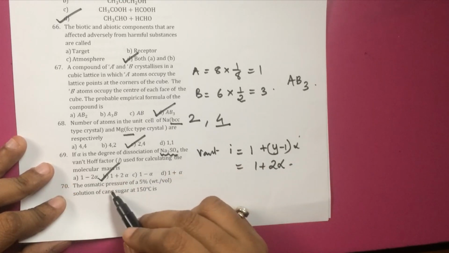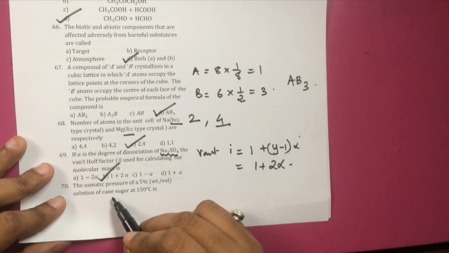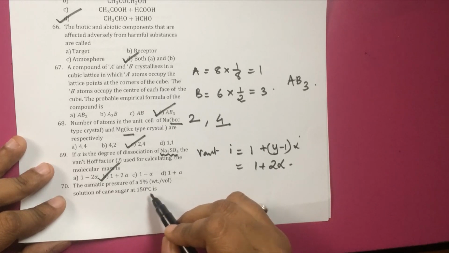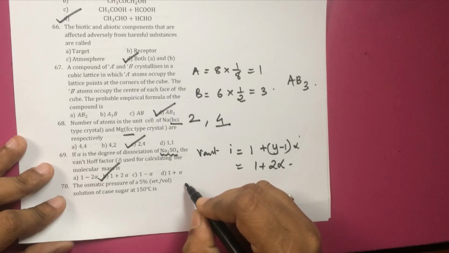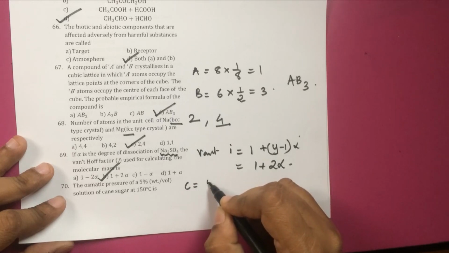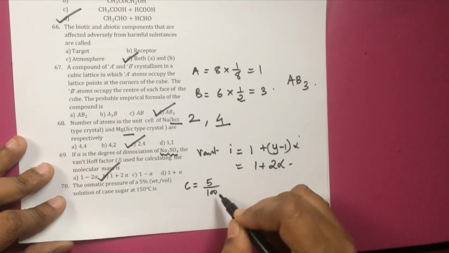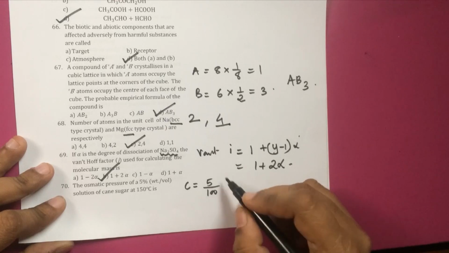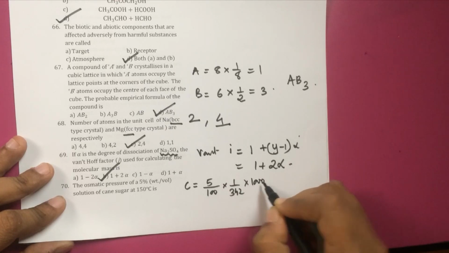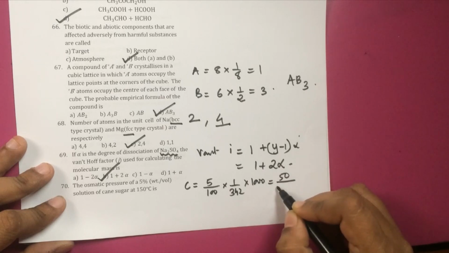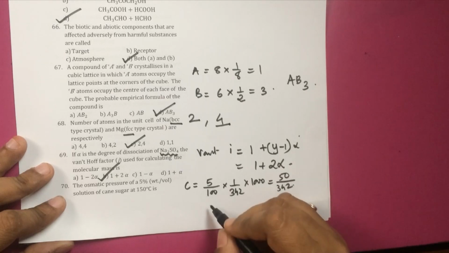Question number 70. The osmotic pressure of a 5% solution of cane sugar at 150 degrees Celsius. It's a 5% solution, so 5 gram in 100 ml. Molecular weight is 342, multiplied by 1000, so this is 50 divided by 342.